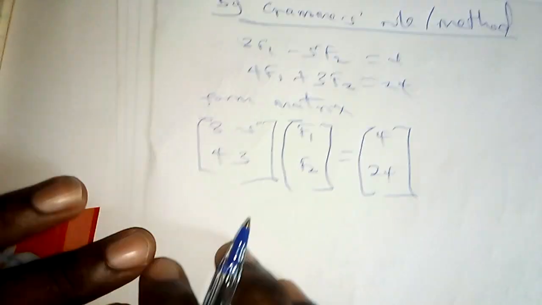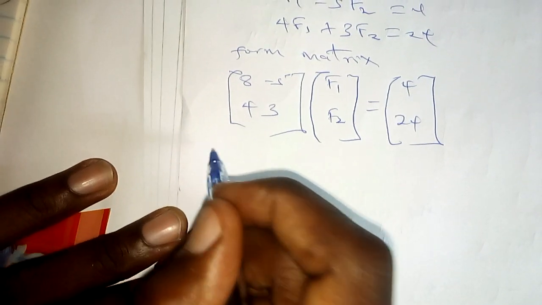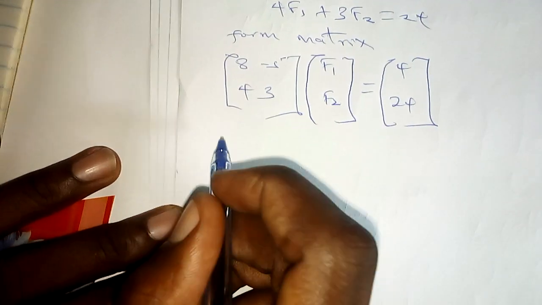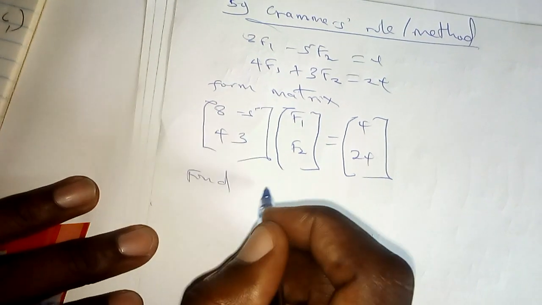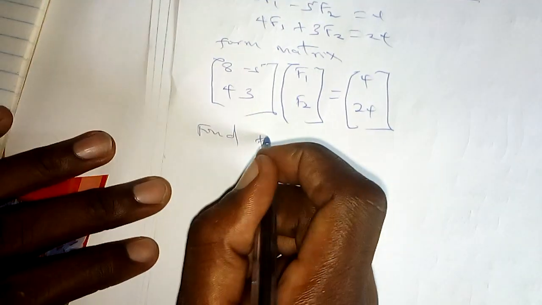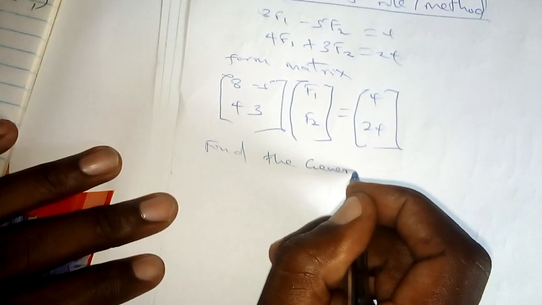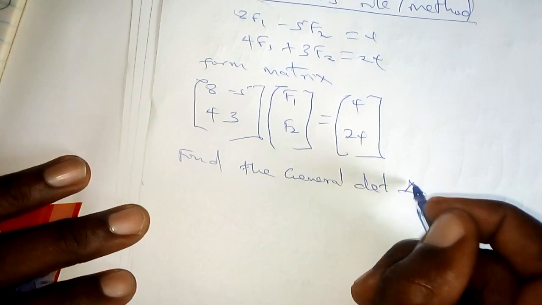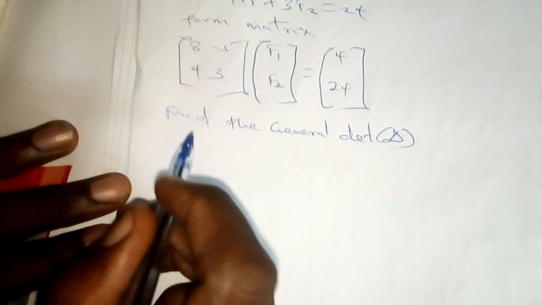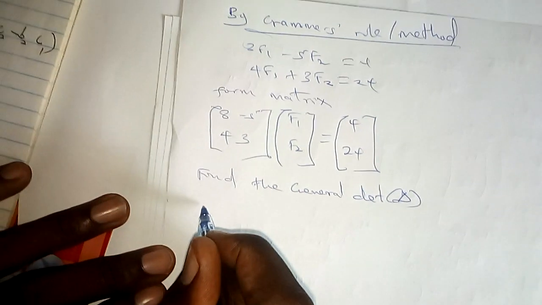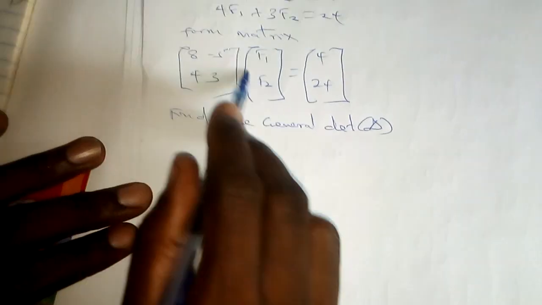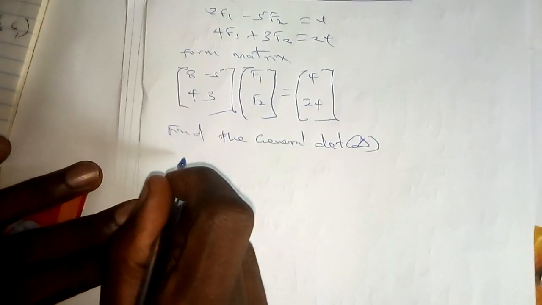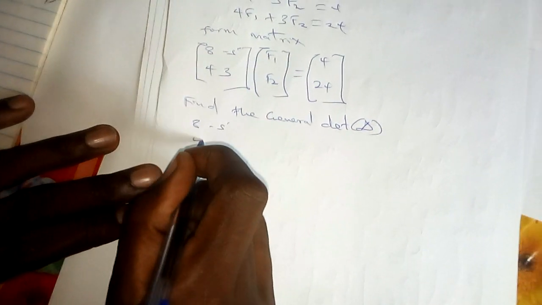Now we find the general determinant using the formed matrix, 8, negative 5, 4, 3.